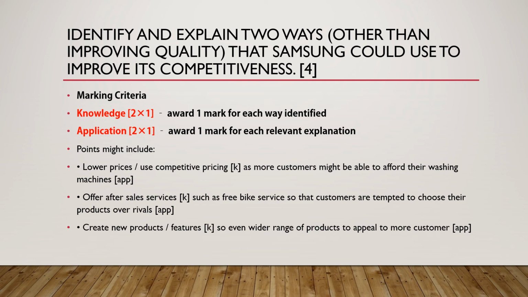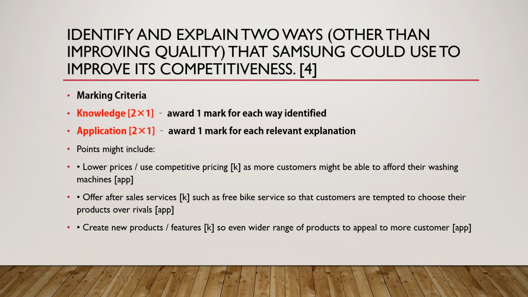Read the first paragraph carefully and identify the key application points. Again, application points means the points which are only related to that specific business given. In this way you can make sure that you will get full marks for this type of question.